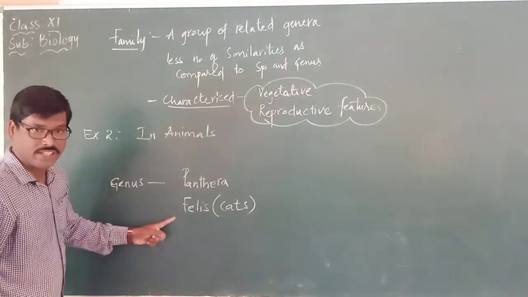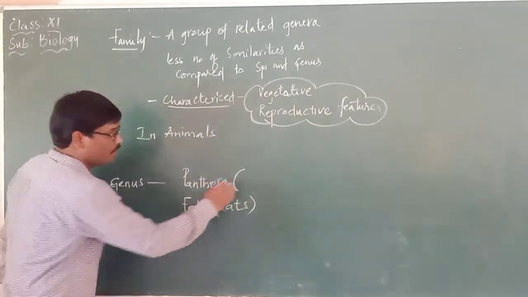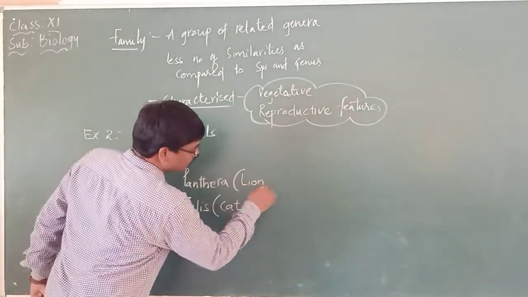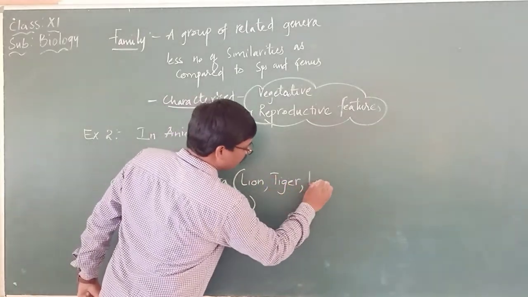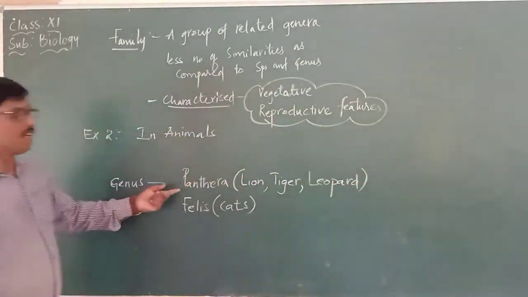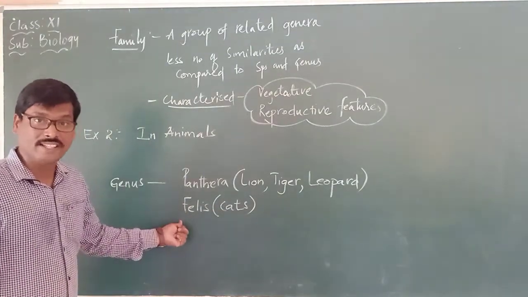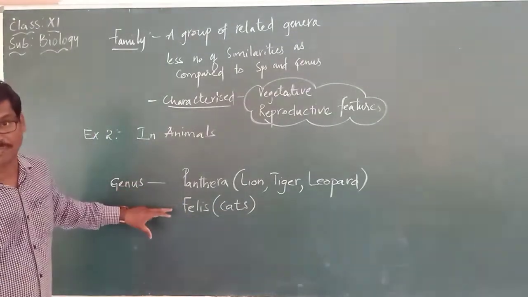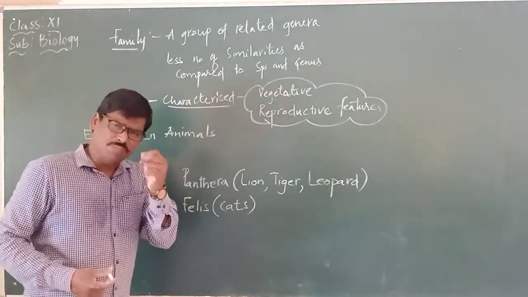In Felis we are seeing the cats. In Panthera, what will be coming? We said there is the lion, the tiger, and also the leopard. All these are kept under the genus called Panthera. Cats are kept under the genus called Felis. Now these two are sharing some common features, some similarities.